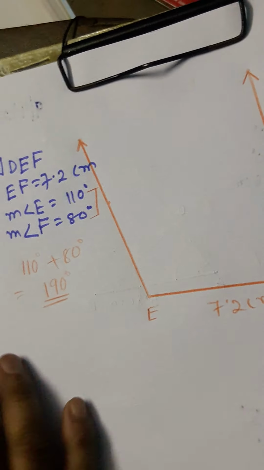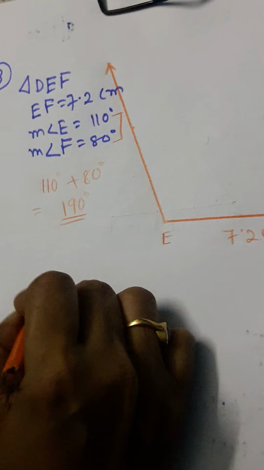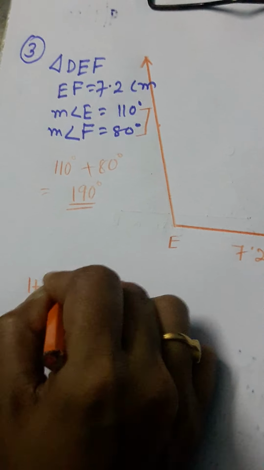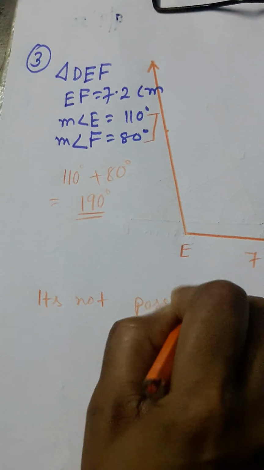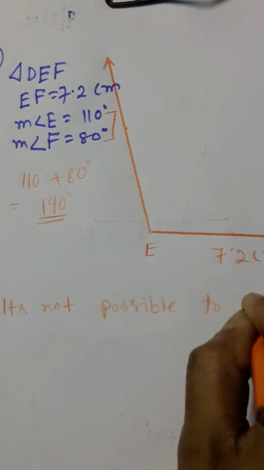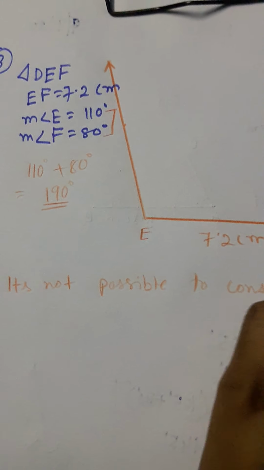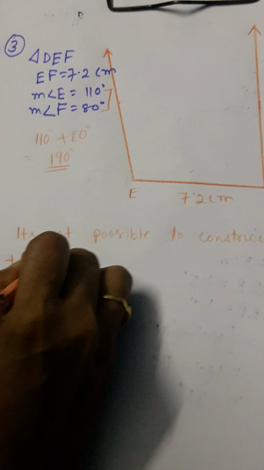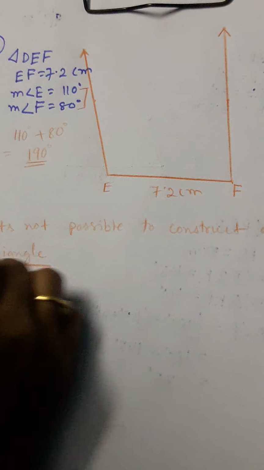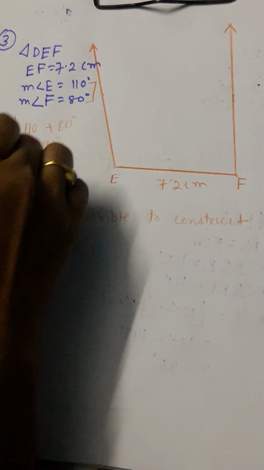So what will be the answer? It's not possible to construct a triangle with these given measures. Why? What is the only reason?